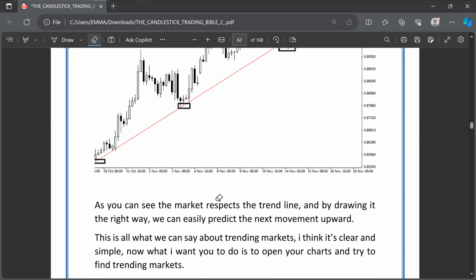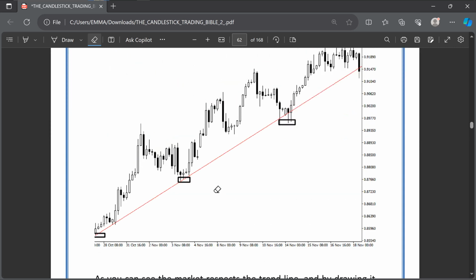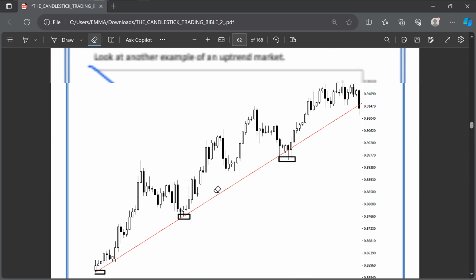When you are drawing the line, don't force it to move in a way that it is not supposed to move. Trend lines are very strict. You can't manipulate them the way you want.